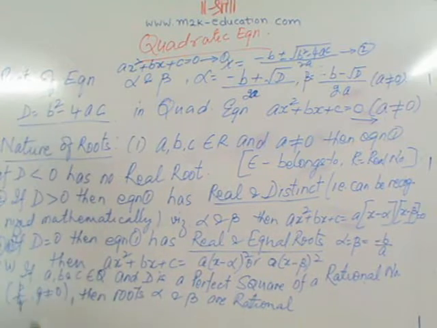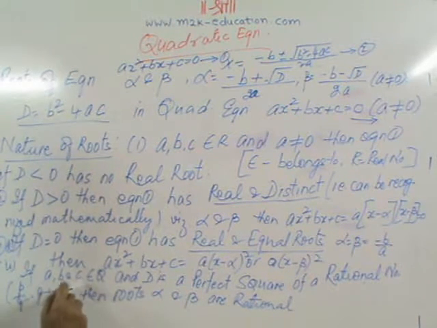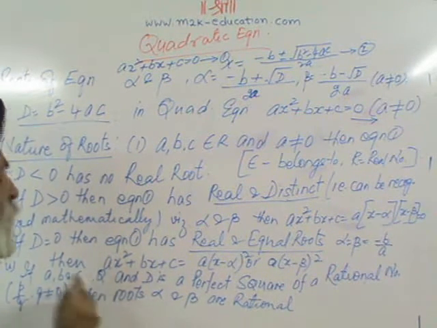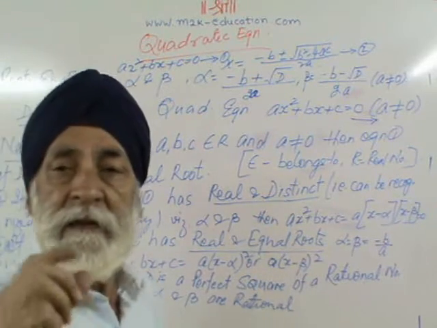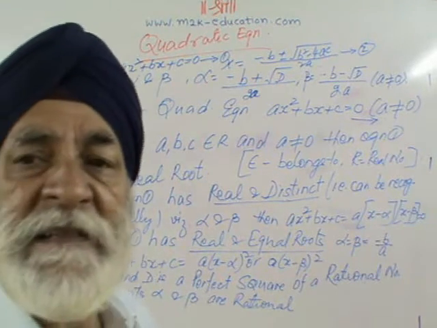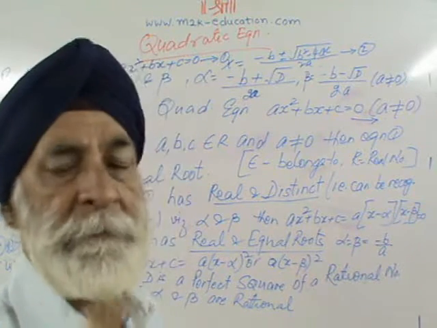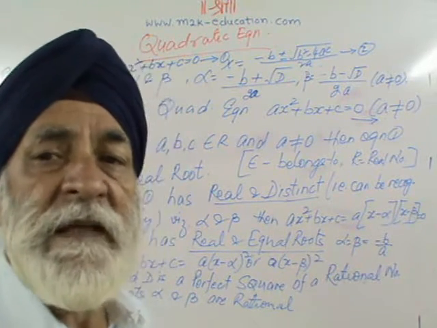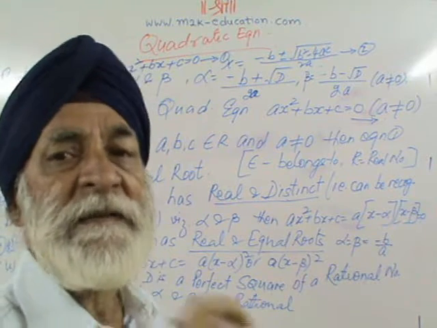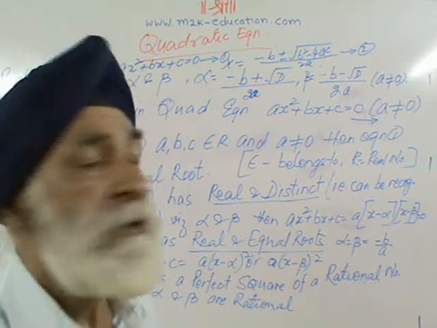Now if a, b, c belong to Q, Q we write as ratio. That's why it is defined or said as rational number. A rational number is one which has a numerator upon a denominator.